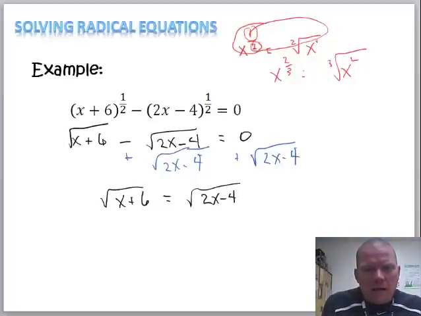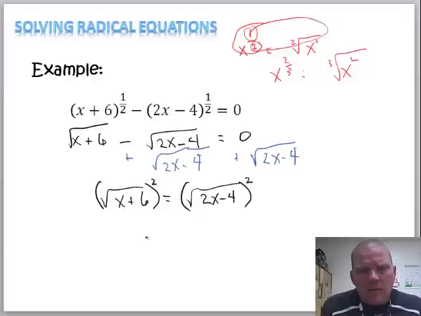Right, so now I've got this to where I can go ahead and raise both sides to the second power, since it was already solved for square root. And that gives me x plus 6 equals 2x minus 4. And just solve this thing by doing your inverse operations.